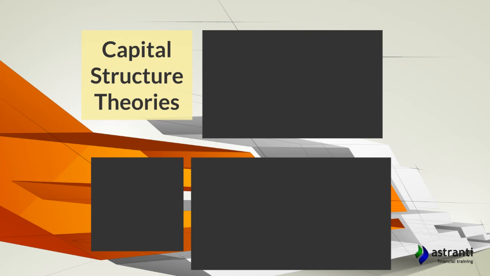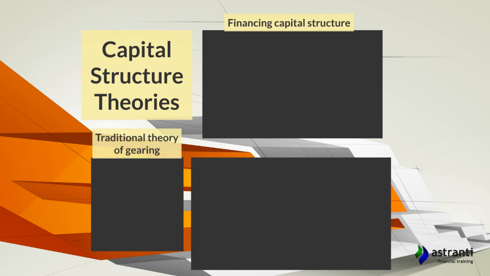So in this video, capital structure theories, what are we covering here? Firstly, what is a capital structure? It is to do with debt and equity and how we balance those. We'll come on to that in a moment. Next, the traditional theory of gearing. What is the optimum level of debt and equity to have?